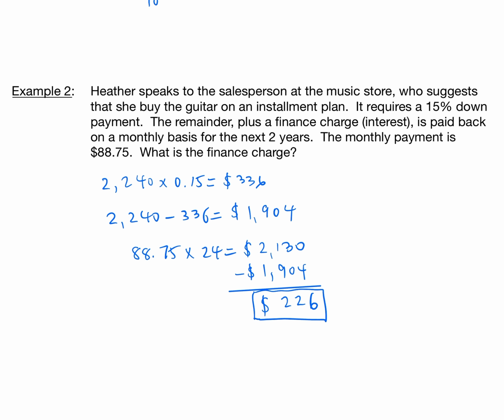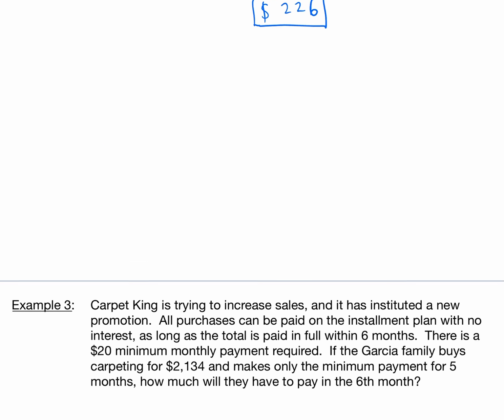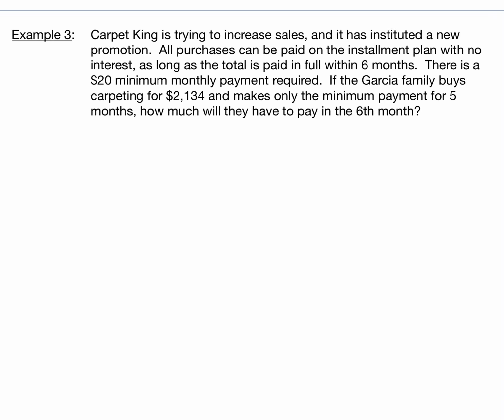Okay, so the cost of wanting it now, even though she doesn't have the money, will cost her $226. So that is the trade-off. If you wanted to buy this on sort of an installment plan or quote-unquote credit, it's going to cost Heather more. Okay, so let's go ahead and move on to example 3.